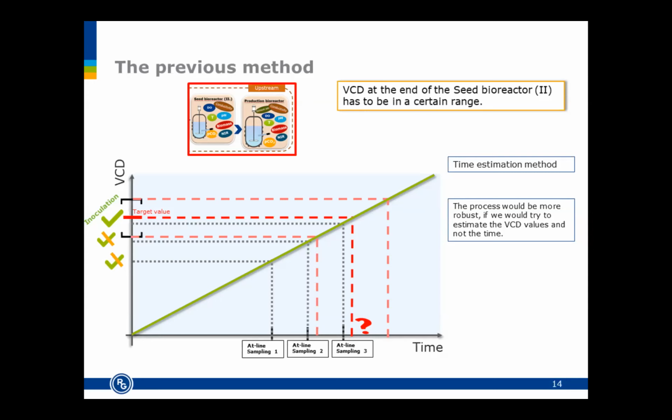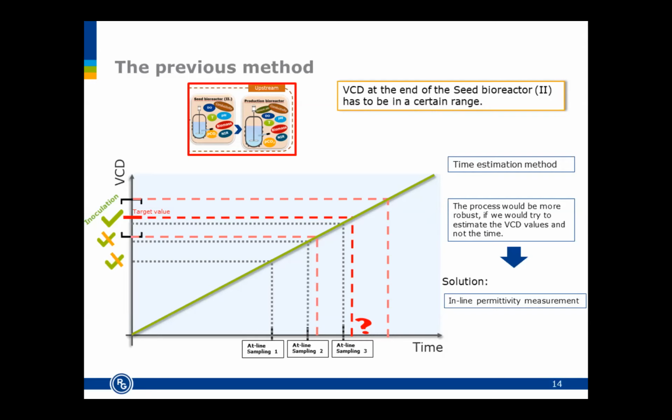Using dielectric spectroscopy measurements, we can create a linear model. We can predict the current VCD values in real time from the permittivity values. In this way, we can determine the time of seeding with higher accuracy, and we can achieve a more robust process and better product quality.